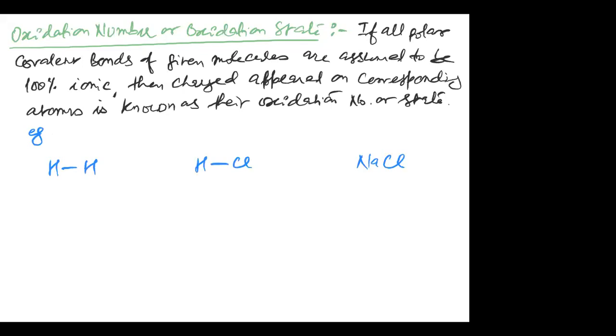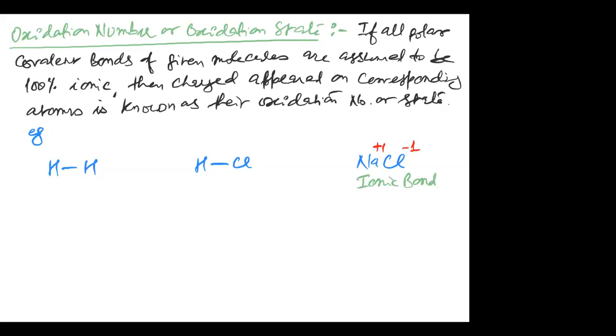Here, sodium and chlorine: one is a highly electropositive metal and one is a highly electronegative non-metal. So certainly, the bond between sodium and chlorine is going to be an ionic bond, with cation as Na+ and anion as Cl-.